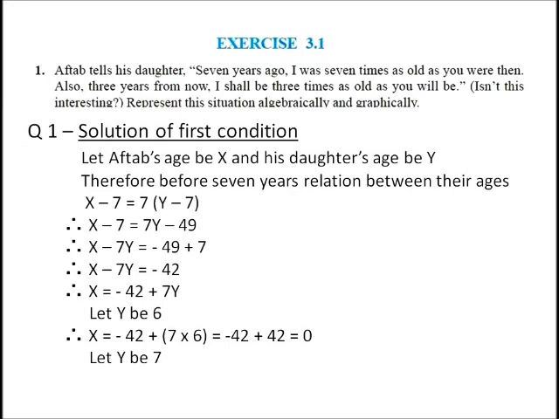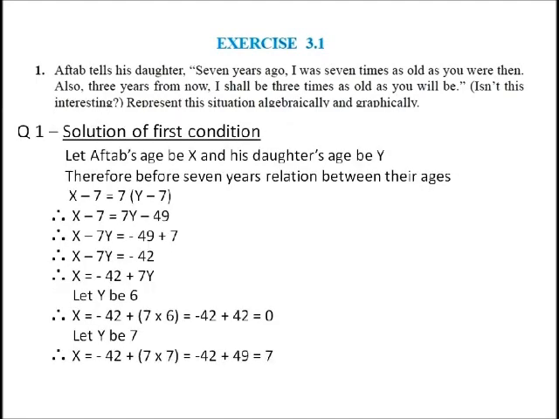Now, let y be 7. Now, putting the value of y equal to 7, we get x is equal to minus 42 plus within brackets 7 into 7. This is equal to minus 42 plus 49, because 7 sevens are 49. And that is equal to 7.